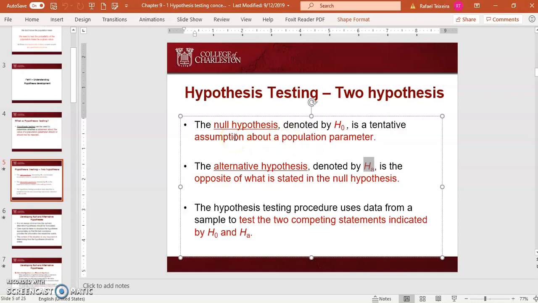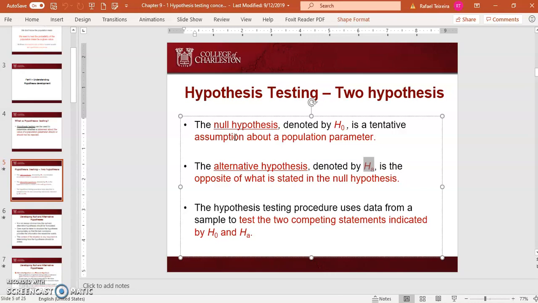For example, people talk every day about many things, like, I believe that, in a company, our stores are selling, I don't know, such amount per day, let's say $100 per day, or we believe that customers are satisfied. So people in companies are always making assumptions about how things are.